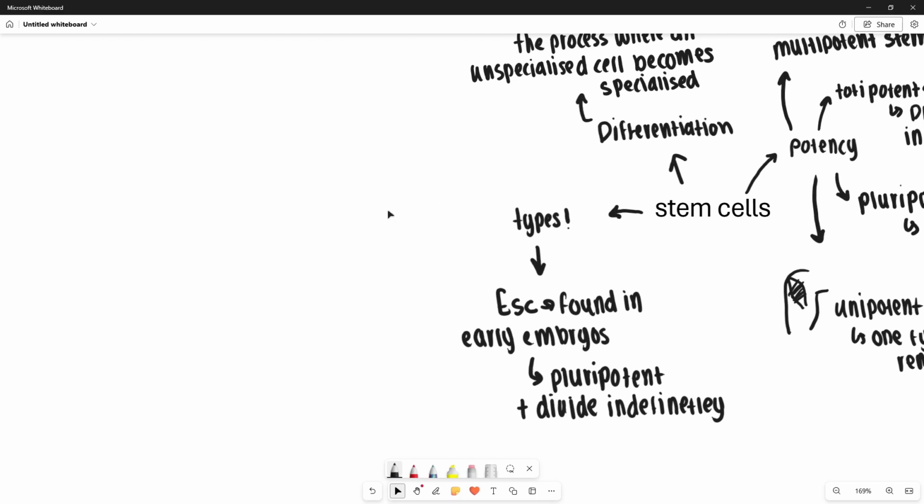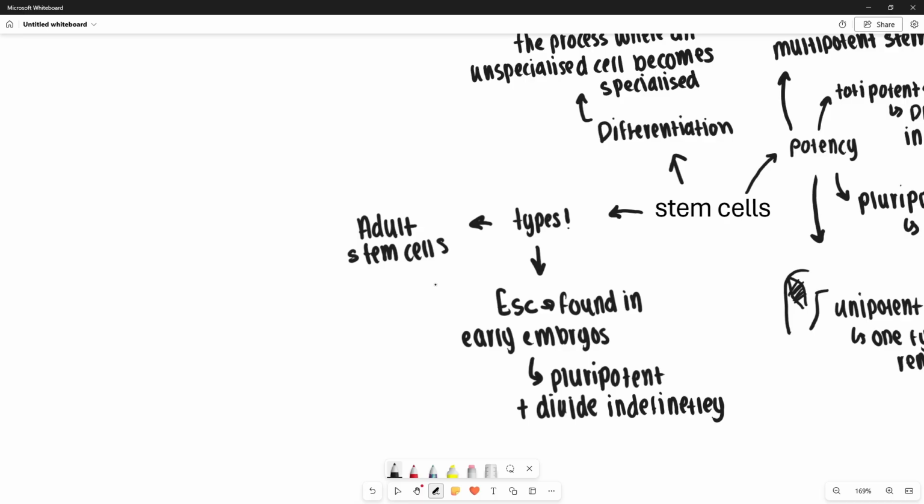Now, the second type of stem cells that I want to go over are adult stem cells. Adult stem cells are found in tissues like bone marrow, skin, and in the brain, and they are typically multipotent.